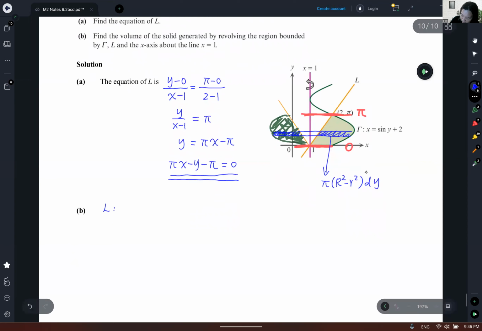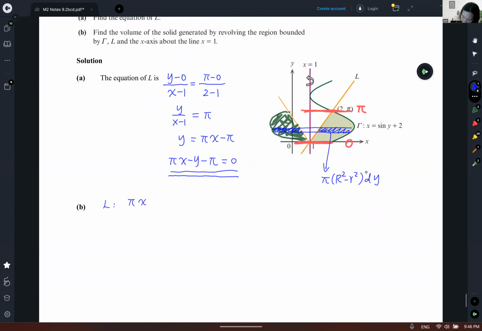That's why my first step is to change the orange line to a subject of x.